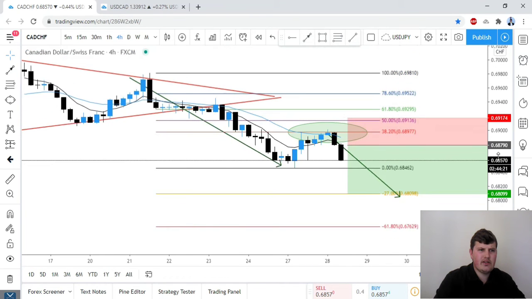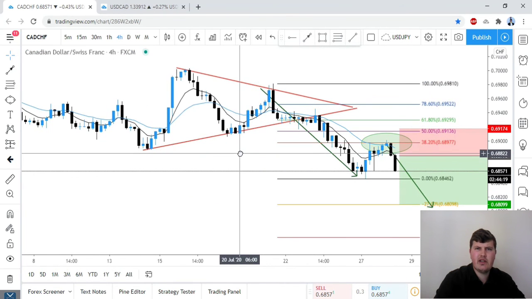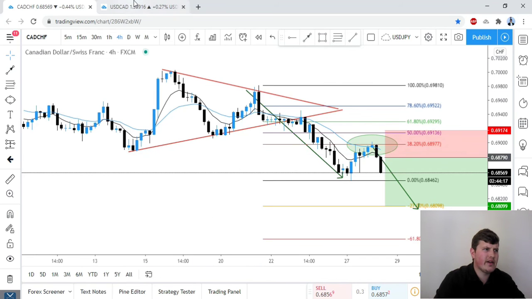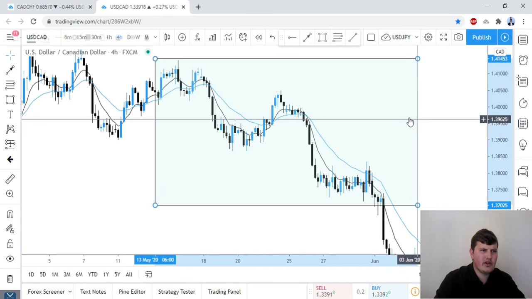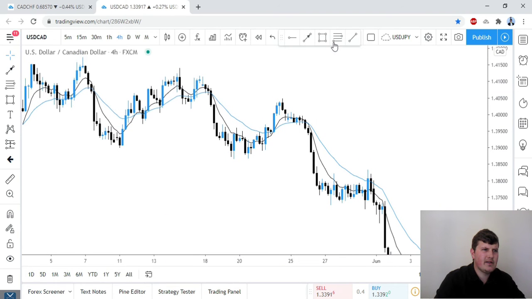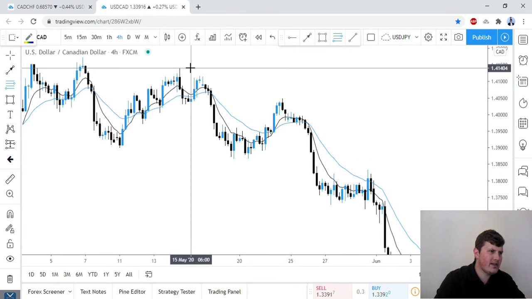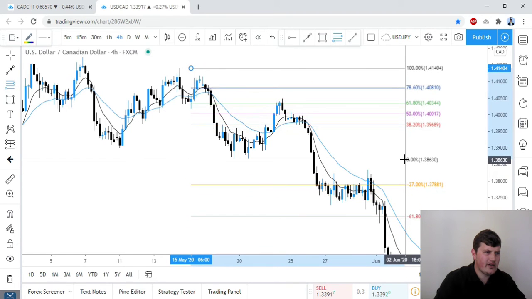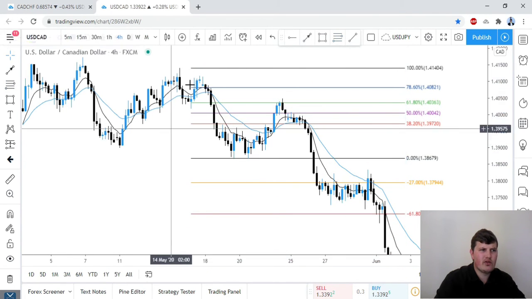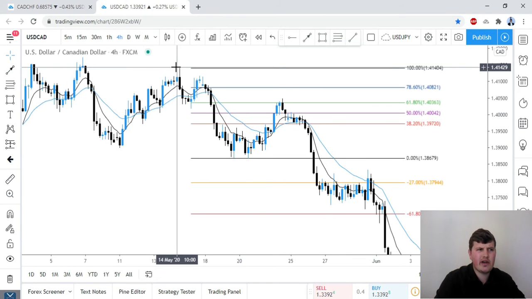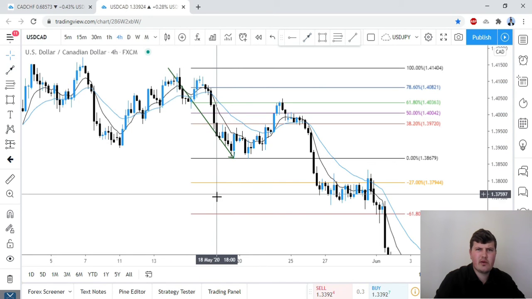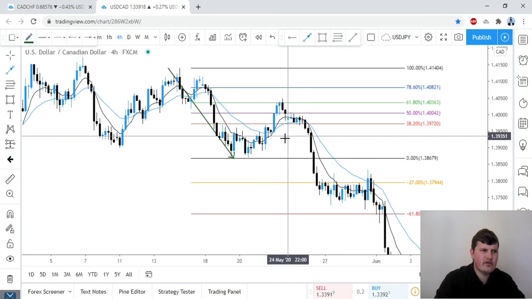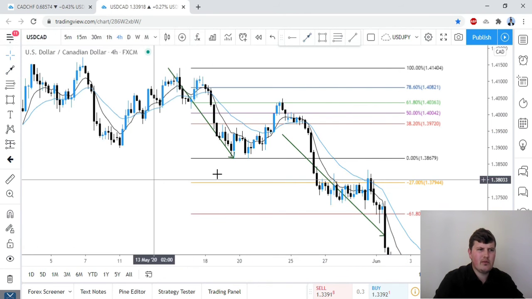So that is two examples of Fibonacci, and let's just look at a third on the US dollar Canadian dollar chart, also 4 hour. And if we look at this downtrend over here and we draw it from the swing high over there to the swing low over there, we expect some sort of retracement and a move lower like that.